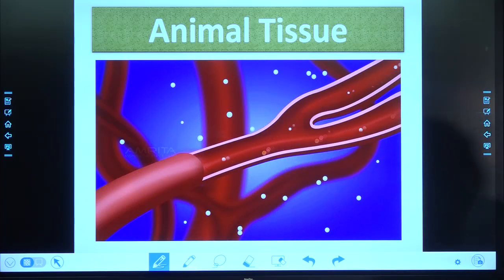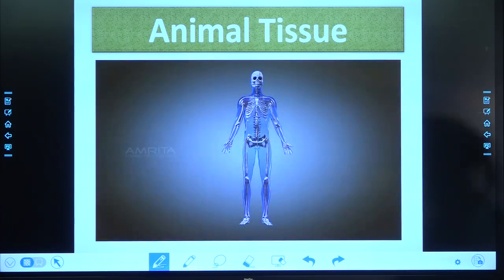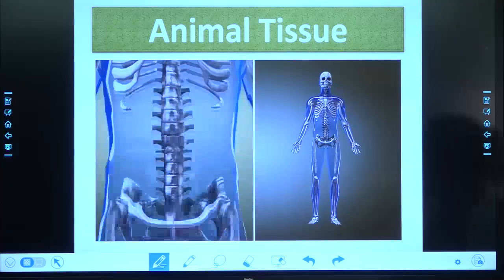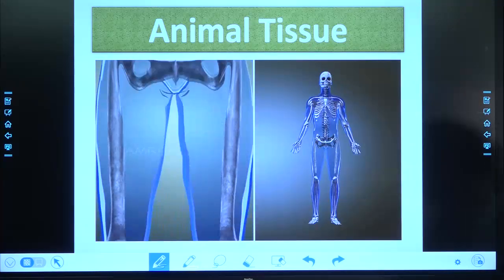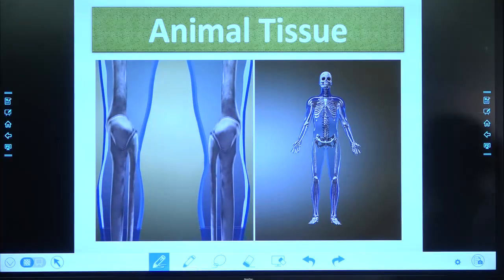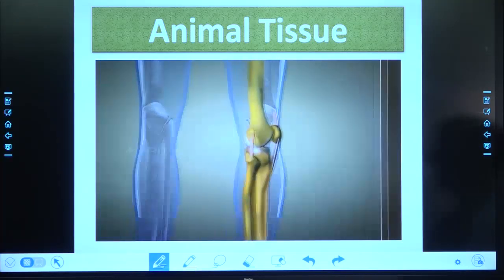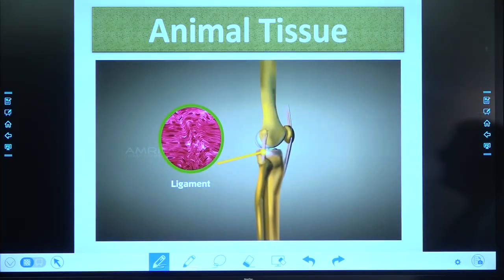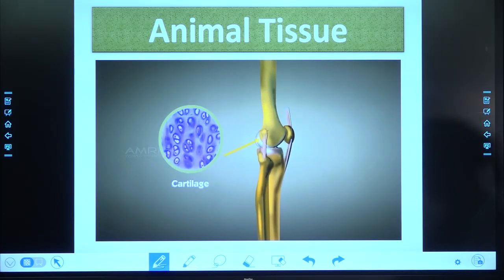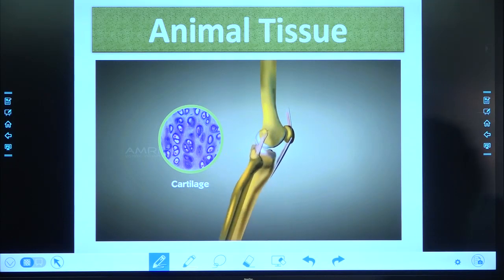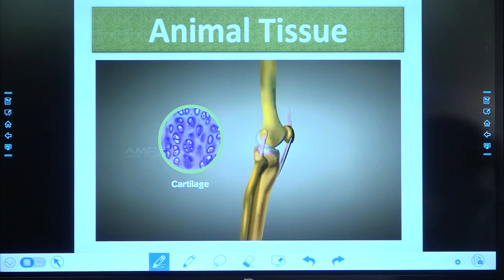Blood has a fluid matrix. Bone cells secrete calcium that hardens the bone and supports the main organs of the body. Bone cells are solid. Ligaments function as a connection between bones. They are fibrous and stretchy. Cartilage protects bones by preventing them from rubbing against each other. It is a tough but flexible tissue.